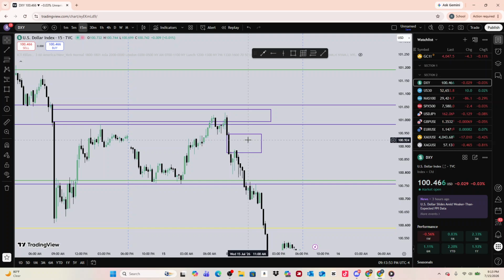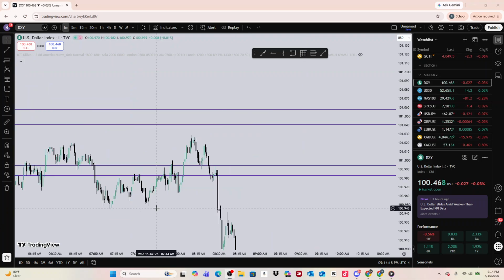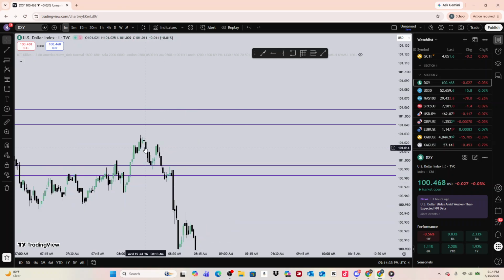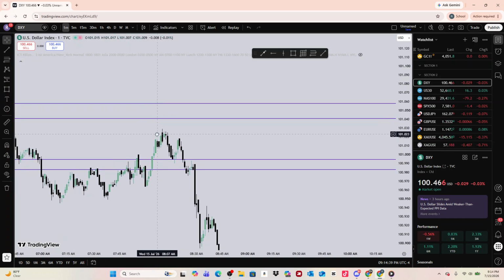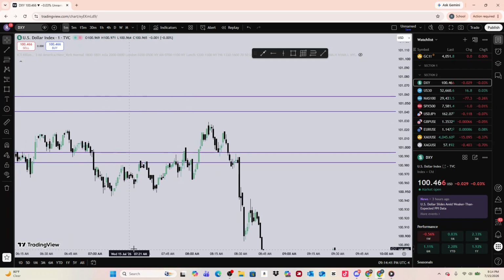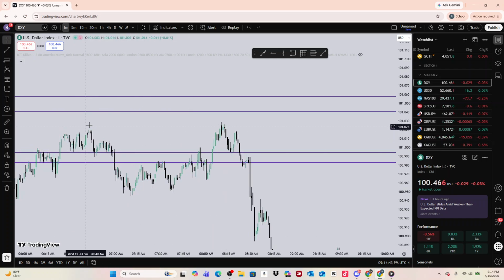Now let's drop down to the 1 minute to see if we can get an entry. So here we are on the 1 minute chart. To recap, we went from H4 to M15 to 1 minute. My purple box is the fair value gap that we are in. So now we're looking for a liquidity grab, which we end up getting here on the chart.